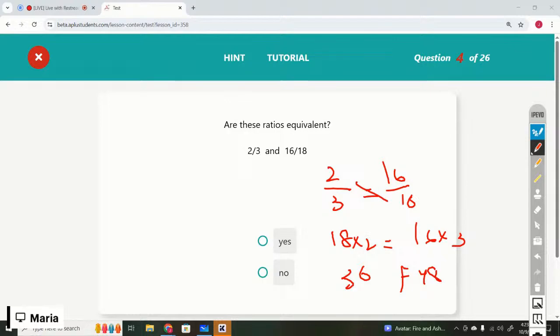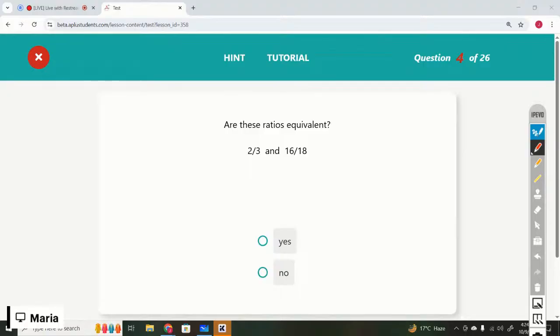The correct option is no. So no, they are not the equivalent ratios. The correct option is no.